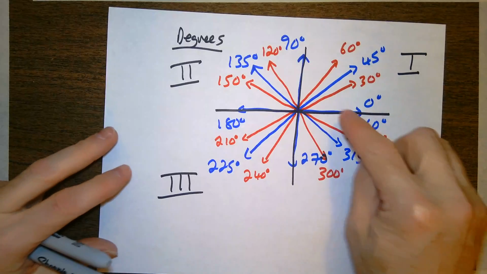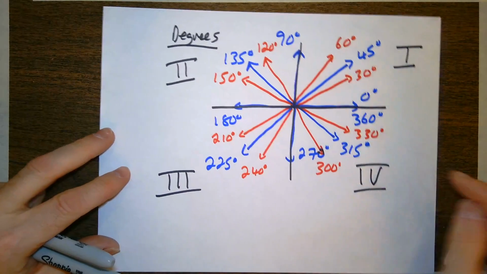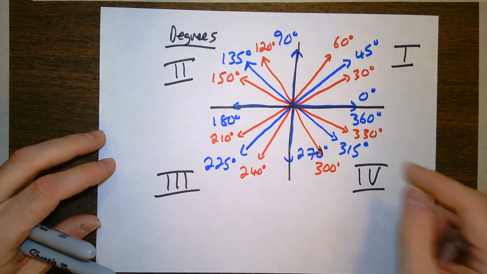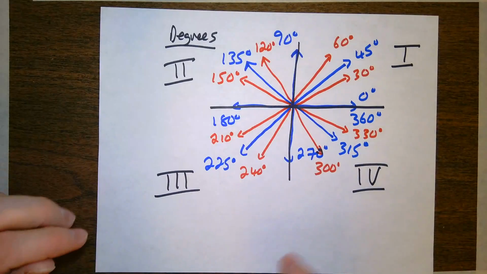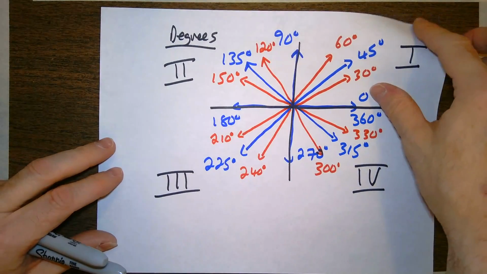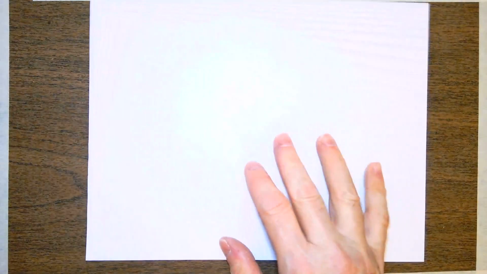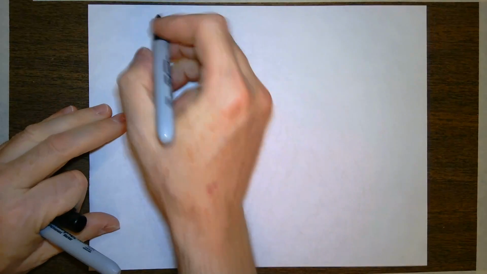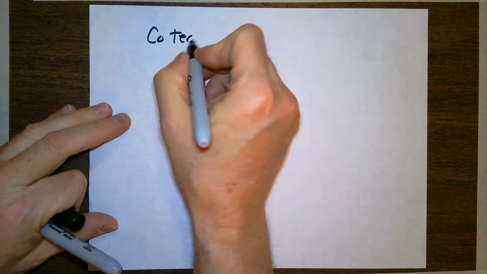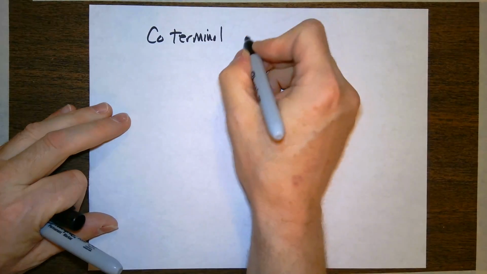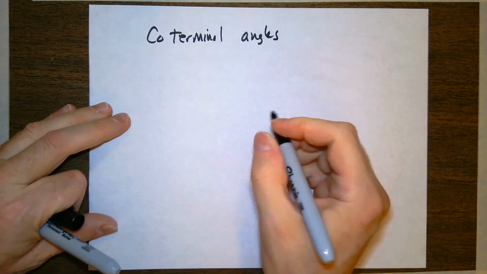All right, so as I look at these angles and I go around counterclockwise, I might actually go more than once around. And I want to talk about something called coterminal angles.